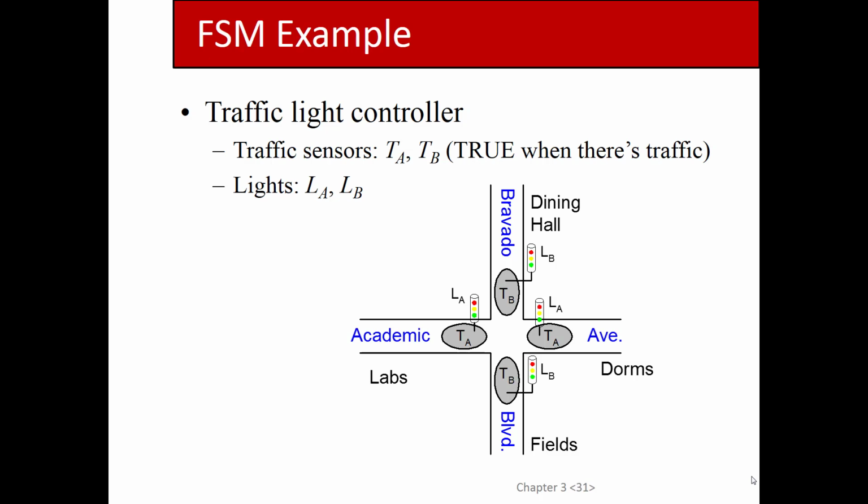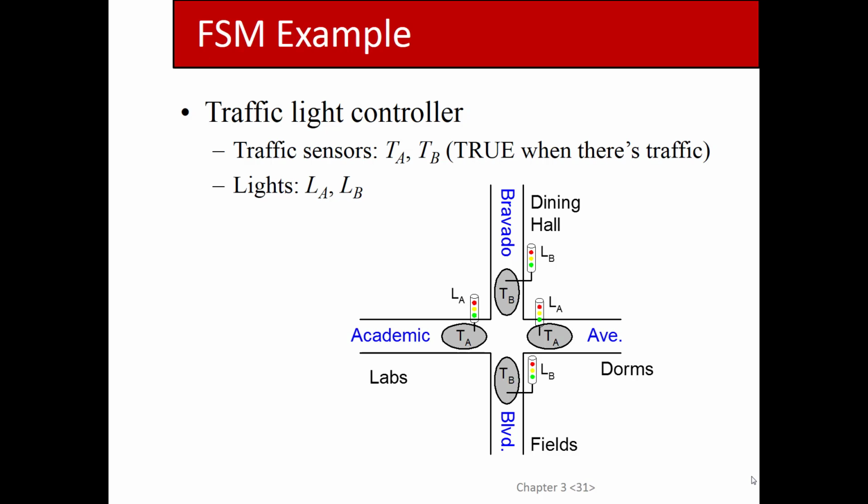So there's a traffic sensor, well, there's two traffic sensors. One for A, which is east-west, and B is north-south. Everyone with me? Does that make sense? Okay, so the traffic sensor is Boolean, true when it detects traffic, and then the lights could be red, yellow, or green.